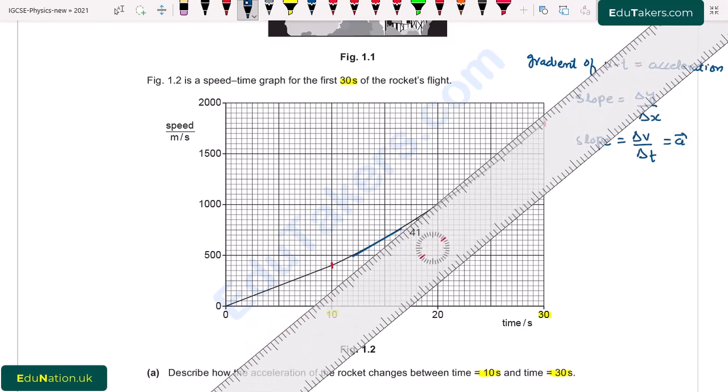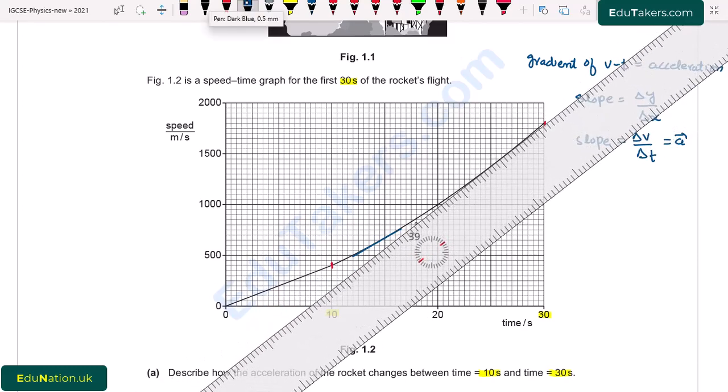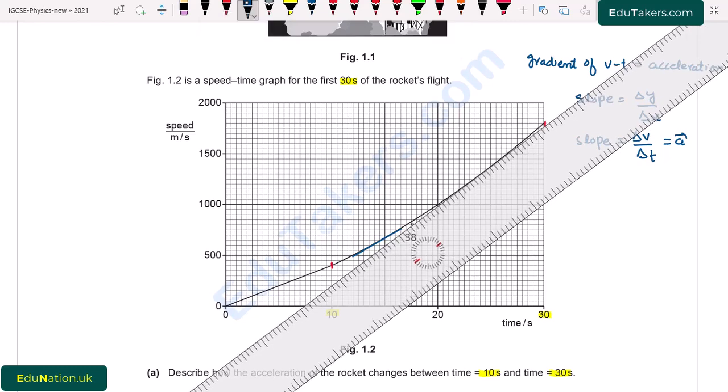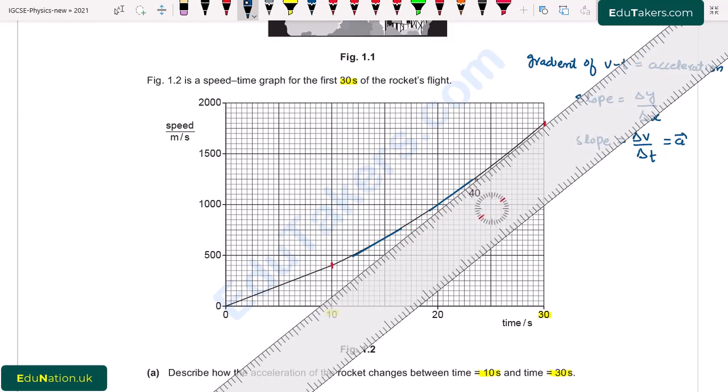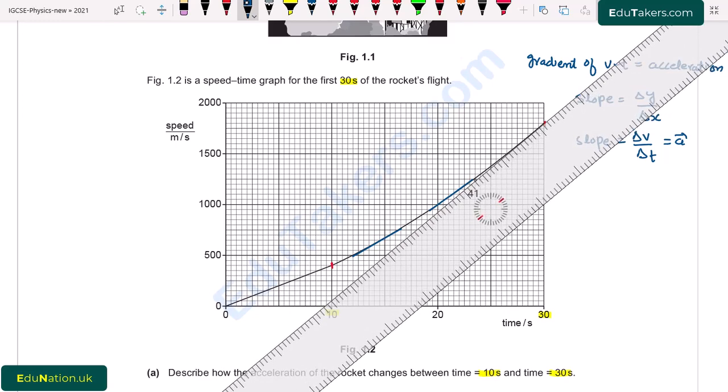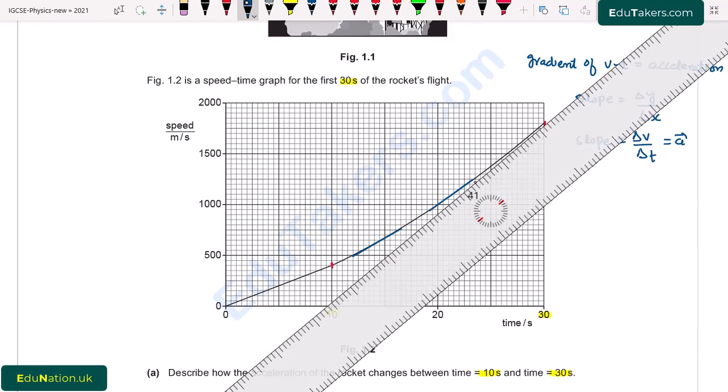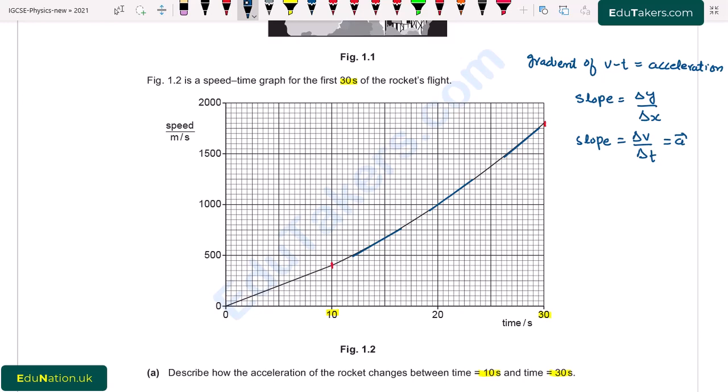When I draw at this point, so these tangents drawn at different points are getting steeper, meaning that the slope is increasing, and this curve is becoming steeper with the passage of time.